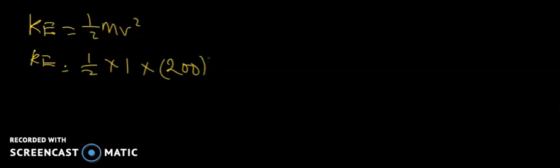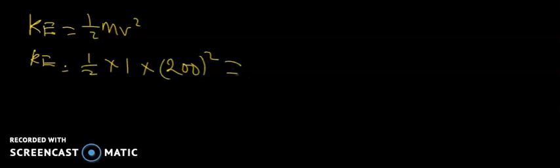To do this, kinetic energy will therefore be a half multiplied by 1, which is the mass, multiplied by v squared. v is given as 200, but in this case we know it is v squared, so it is 200 squared.